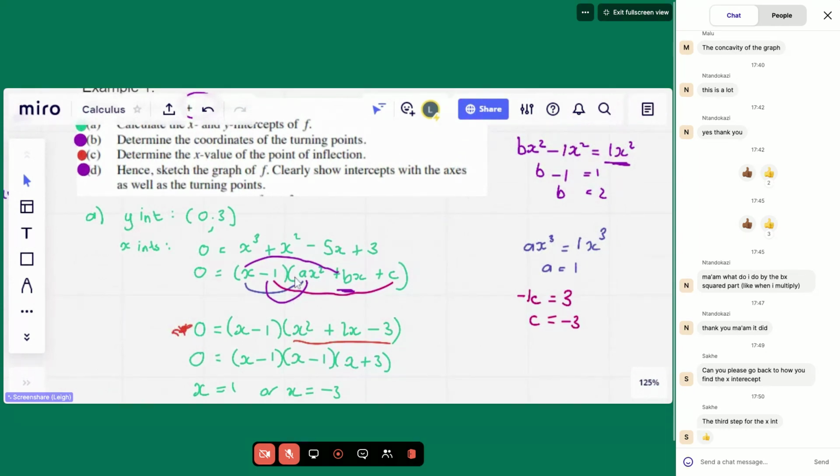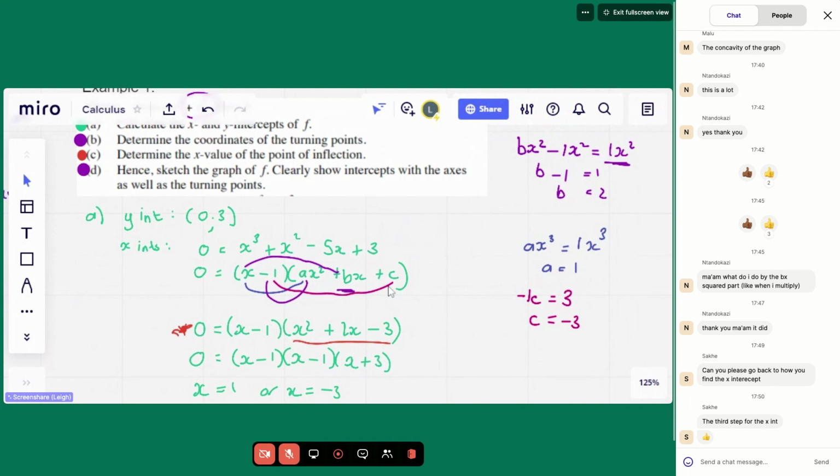Okay, so I'm working out what the coefficient of the x squared term is, what the coefficient of the x term is, and then what the constant term is going to be. All right, so that's what these calculations over here on the right-hand side are for.